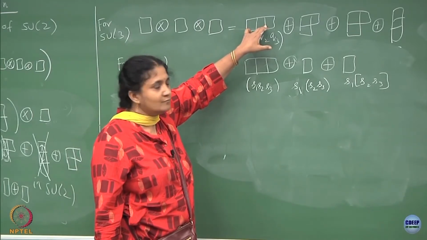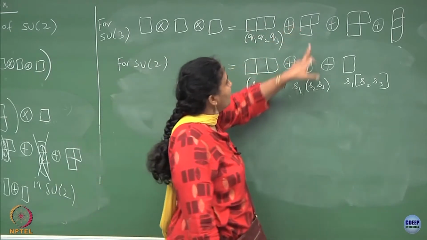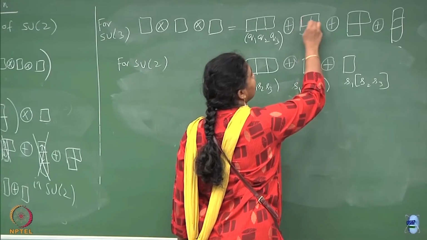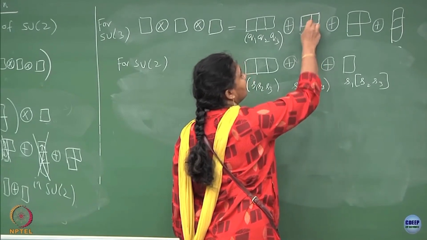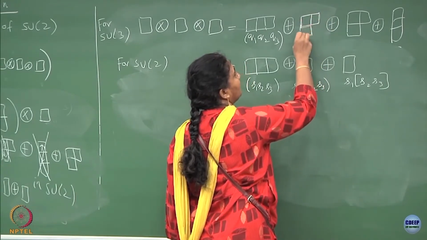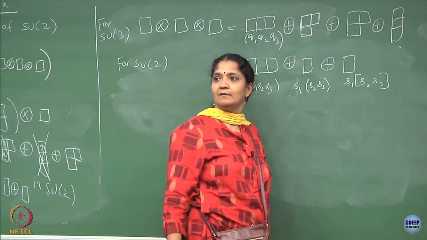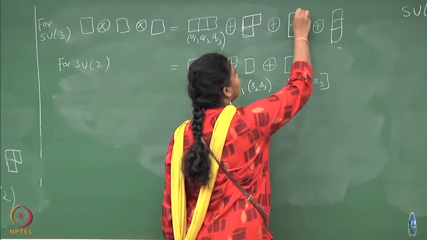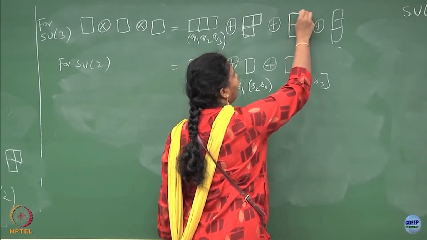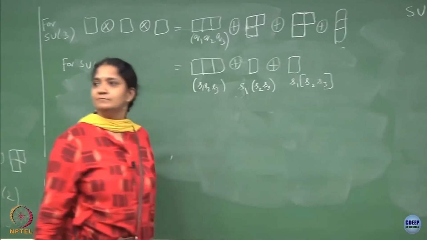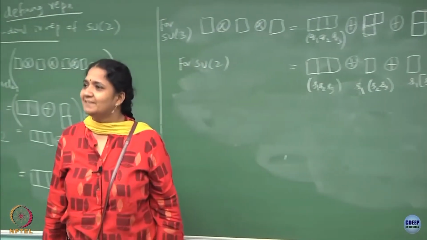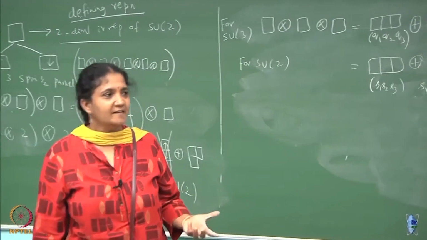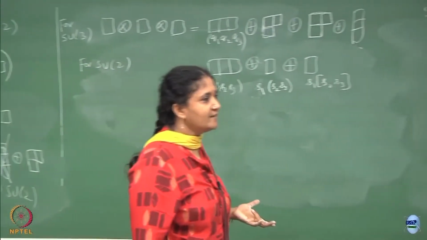Clear? So similarly here you could view something like it is the symmetric object here and then you add a piece here, or you have an antisymmetric object here and add a piece here. That is called mixed symmetry. I am sure you have done mixed tensors, symmetric tensors, antisymmetric tensors.